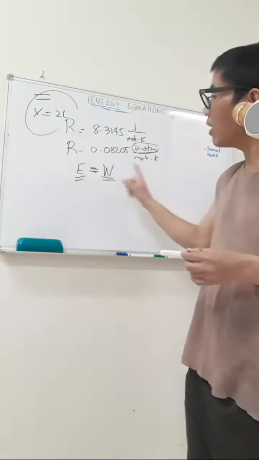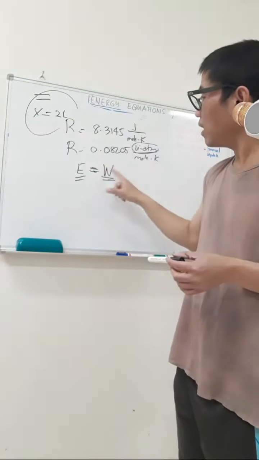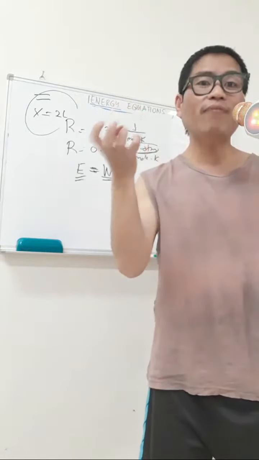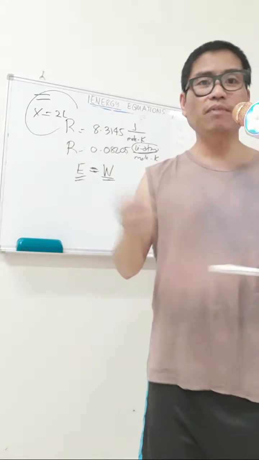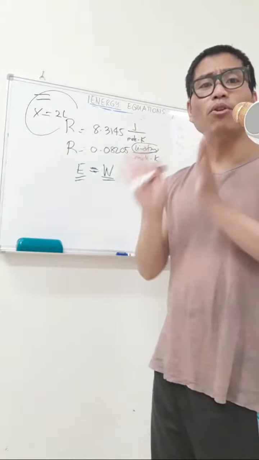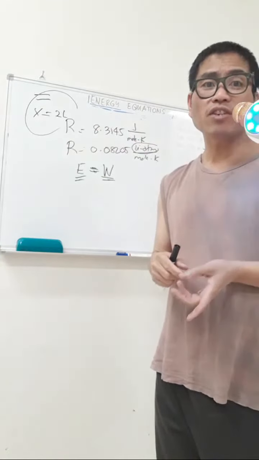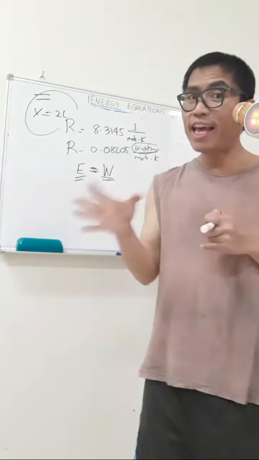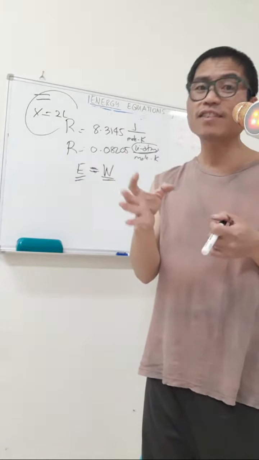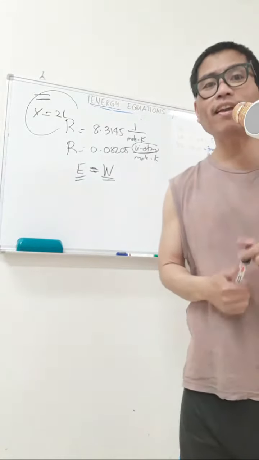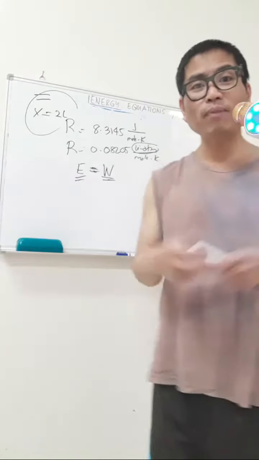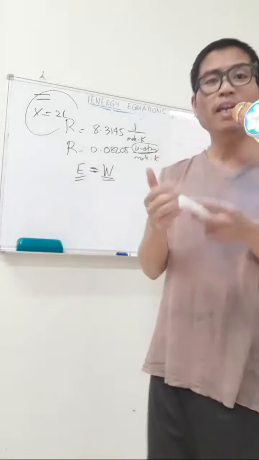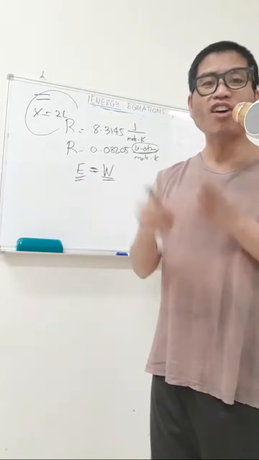Okay. Now, energy is equal to W. So, meaning to say, we don't have a chemical reaction if we don't have an activation energy. Importante siya sa chemical reaction engineering or reaction kinetics. And basically, this activation energy is tantamount to kinetic energy. Tantamount meaning equal. But this is the specific and precise term in chemical reaction kinetics, not the kinetic energy.